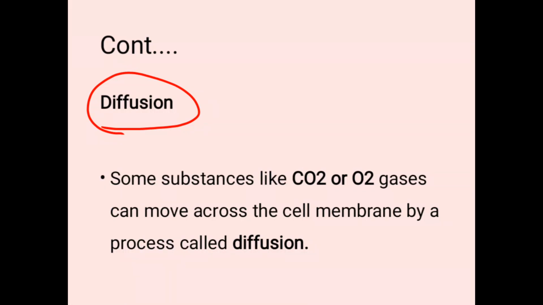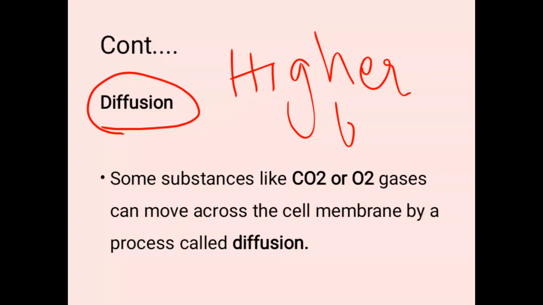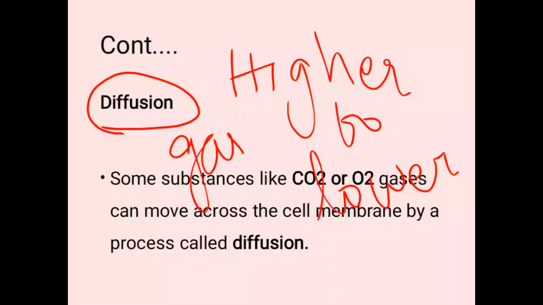Here also the movement is from higher concentration to lower concentration. In diffusion it mostly involves gases. The gas moves from higher concentration to lower concentration through the plasma membrane. That process is called diffusion.